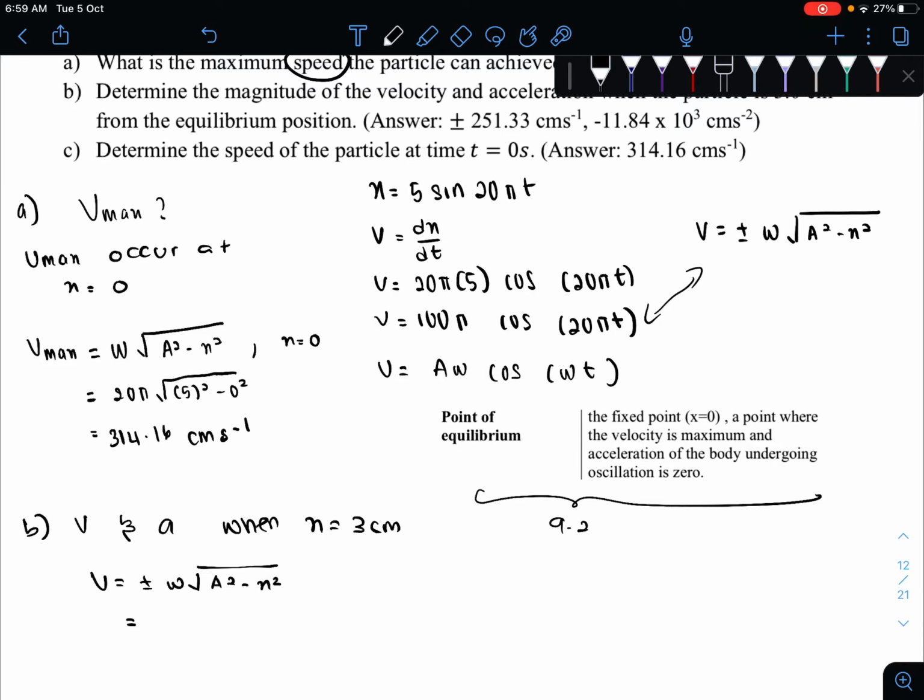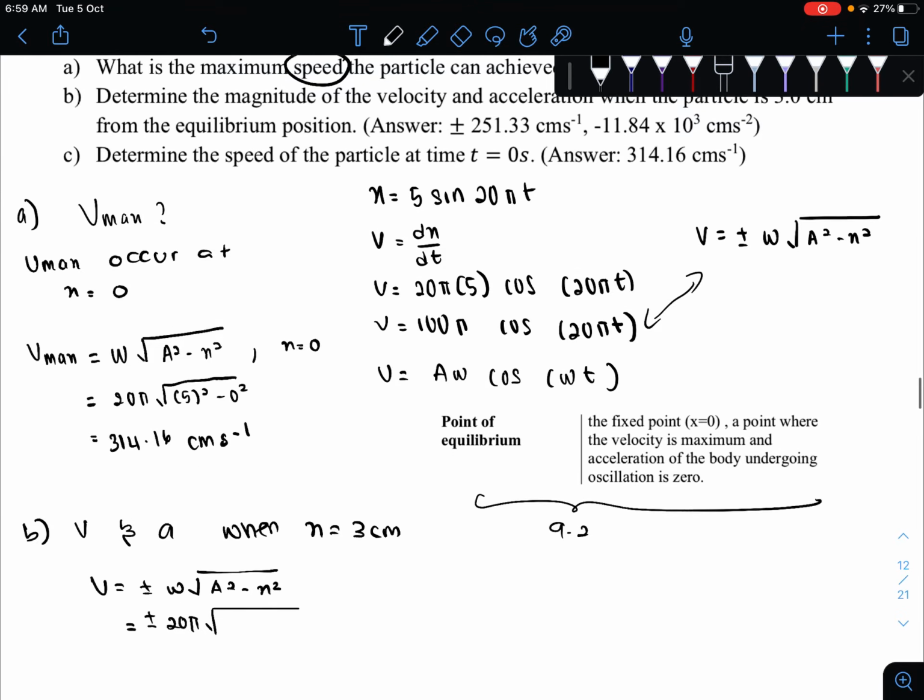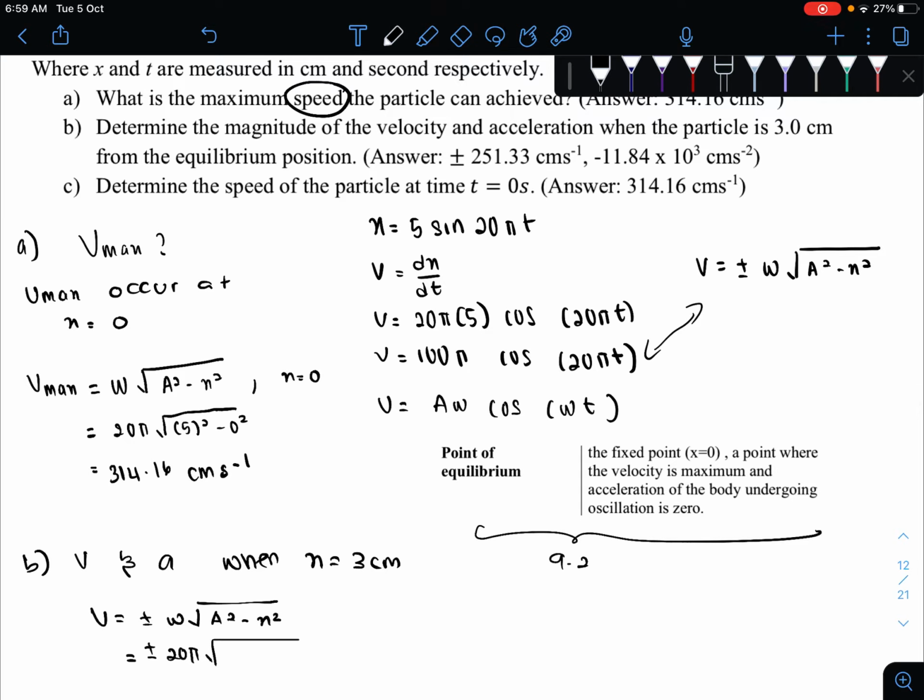So omega here becomes plus minus 20 pi. The square root of A, which is my A from earlier, 5 cm, squared, minus X, which is 3 cm, squared. Alright, and then press your calculator, and you get the answer 33 cm negative 1 here.